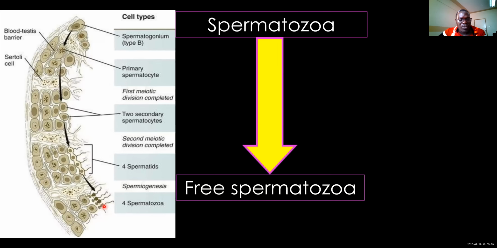When you form the spermatozoa, yes, spermiogenesis has taken place, but these cells are still attached to the wall of the seminiferous tubules, as you can see here. Now, definitely, if they still hold to the seminiferous tubules the way some boys hold to their mothers, there's no way they'll get the oocyte. So these sperms must then be freed.